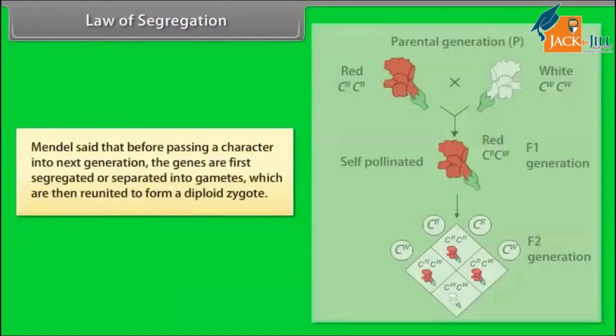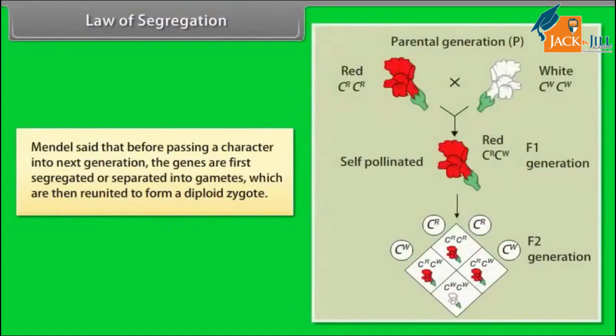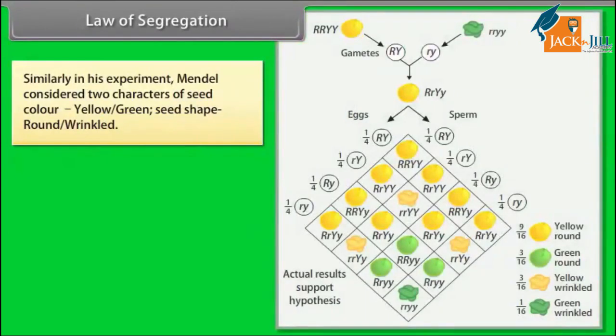Law of segregation. Mendel said that before passing a character into next generation, the genes are first segregated or separated into gametes, which are then reunited to form a diploid zygote. Similarly, in his experiment, Mendel considered two characters: seed color, yellow, green, and seed shape, round, wrinkled.